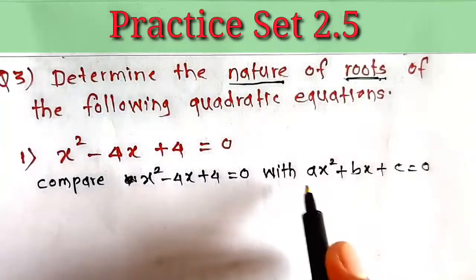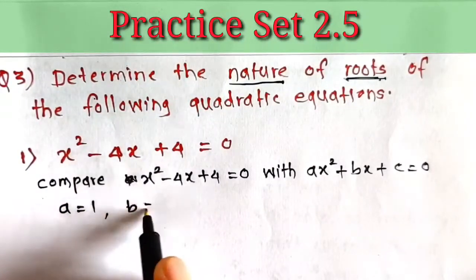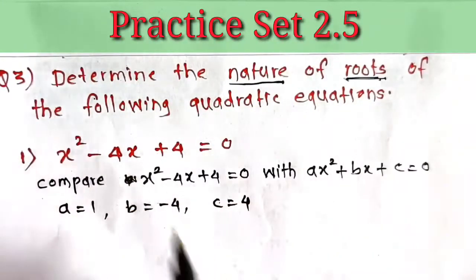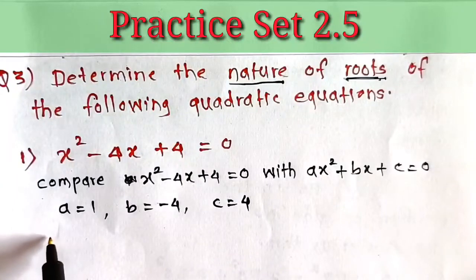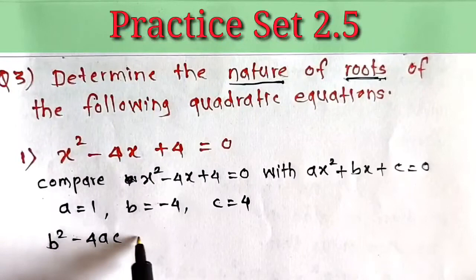So after comparison, a is equal to 1, b is equal to minus 4 and c is equal to 4. Now find the value of the discriminant, that means b square minus 4ac.